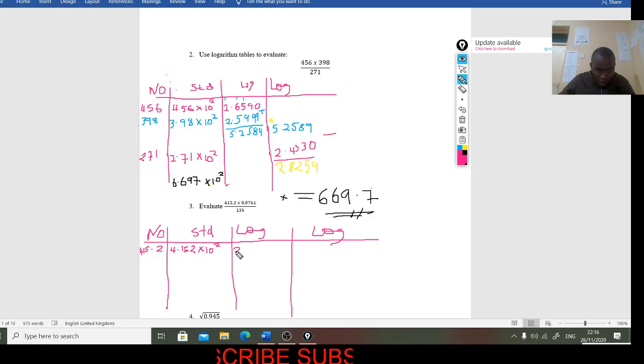So the logarithm must start with 2 point. You read the logarithm of 4.1, then you go to the column of 5, and then on the other side you look at 2, you add.